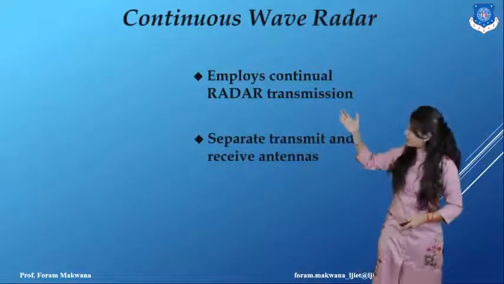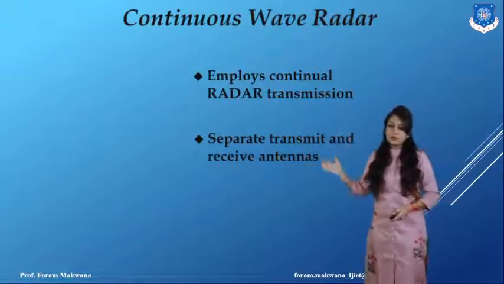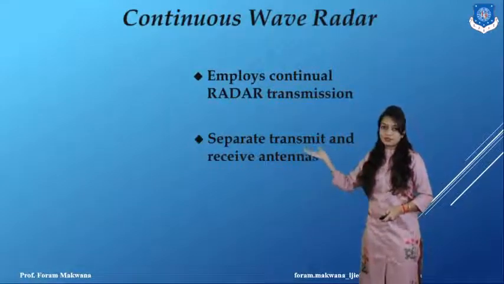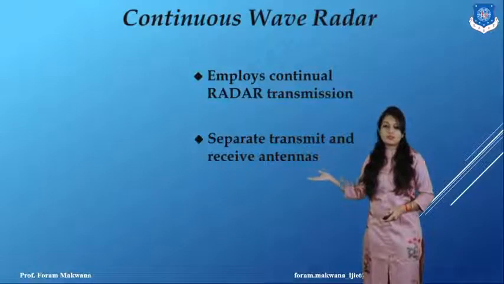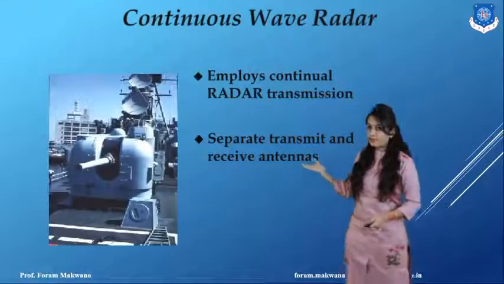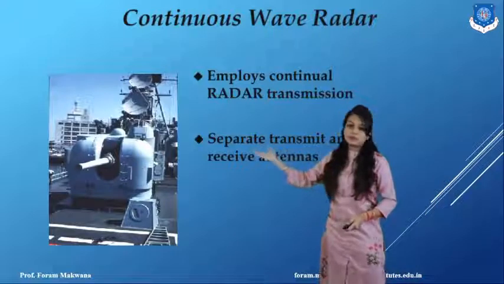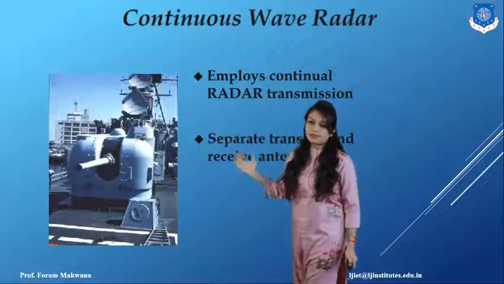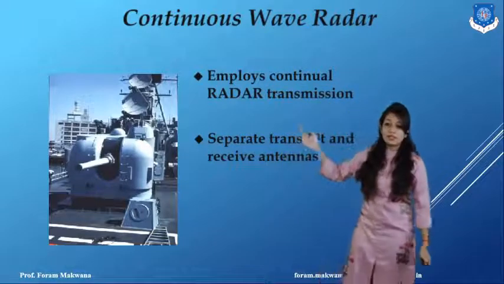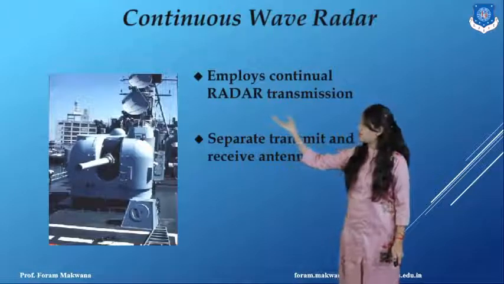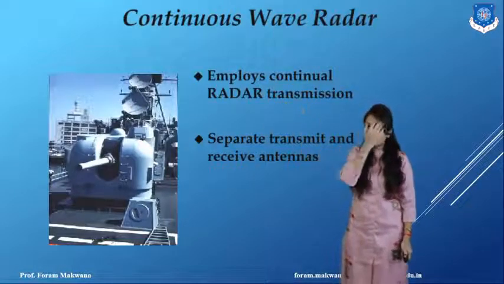For continuous wave radar, we employ two separate antennas. One is for transmitting and one is for reception. This image represents a continuous wave radar. You can see that there are two separate antennas, one for transmission, the other for reception.